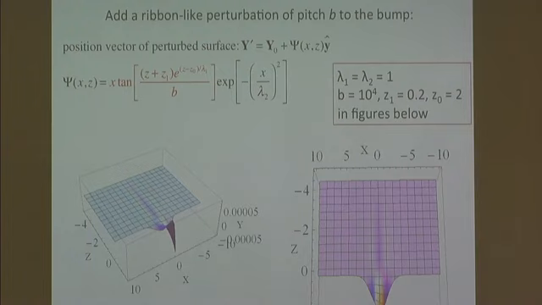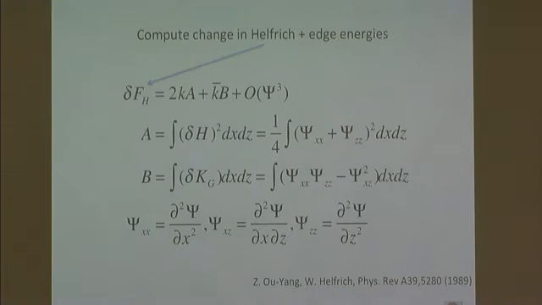And then, given the tweezer experiment, we're saying that we're doing this in a localized region. So again, we've got exponential factors here. And then, what's in the red here is what will give us the twisted ribbon perturbation. And again, Professor Ouyang has a useful paper with Helfrich on the relevant mathematics.